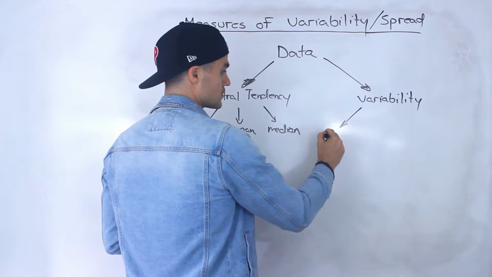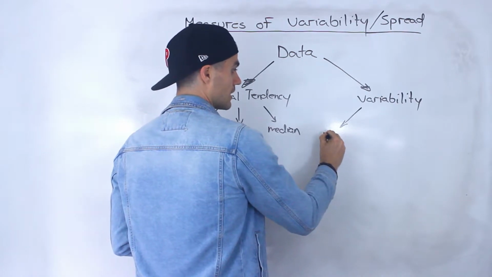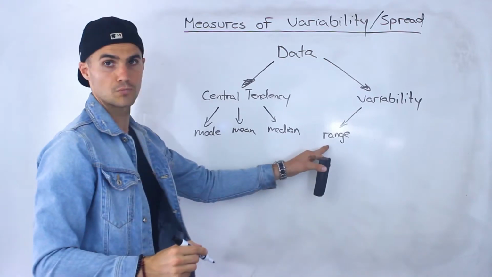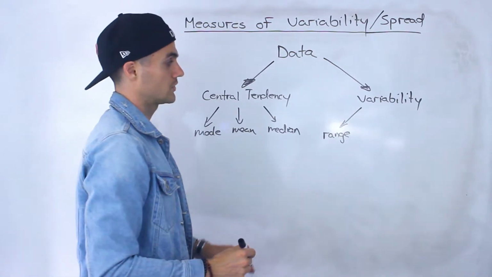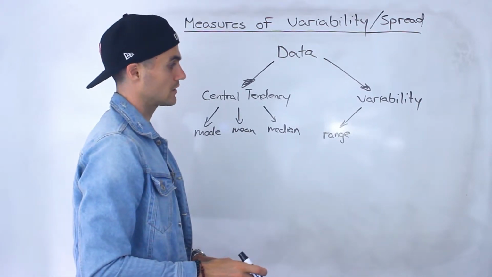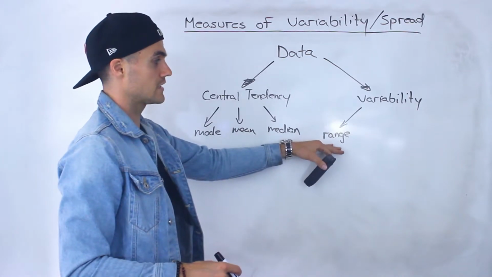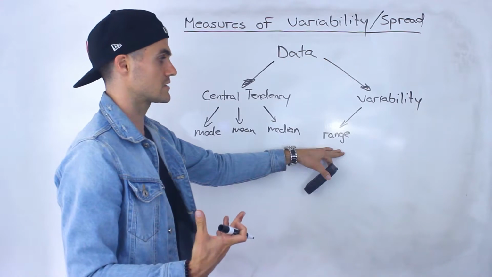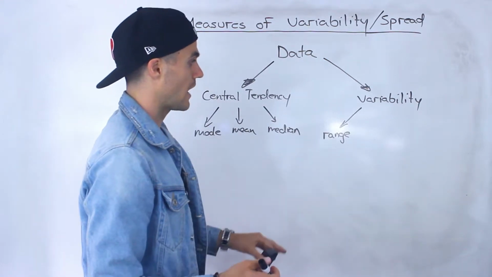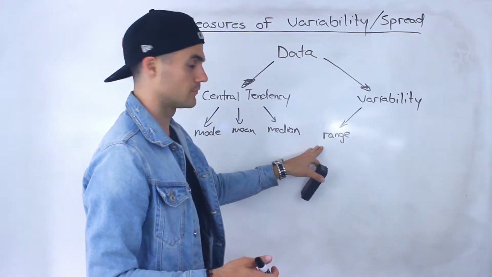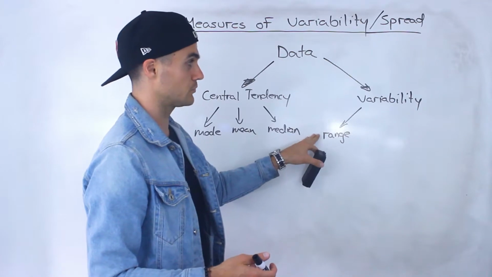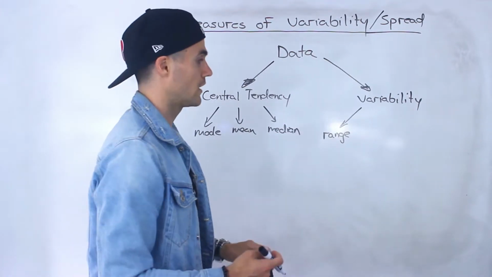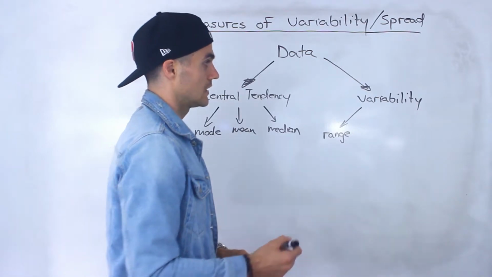One tool I'm going to introduce in this video is the range, which is a super simple calculation, really easy and quick. But the problem is it's affected by certain things really easily, so I'll show you why, even though it's a simple tool for looking at variability, it does come with some defects.